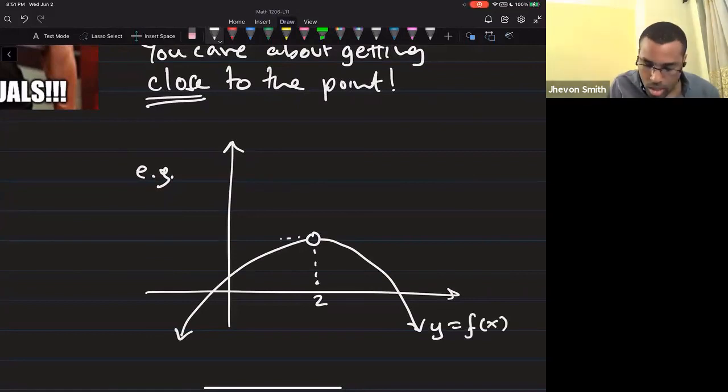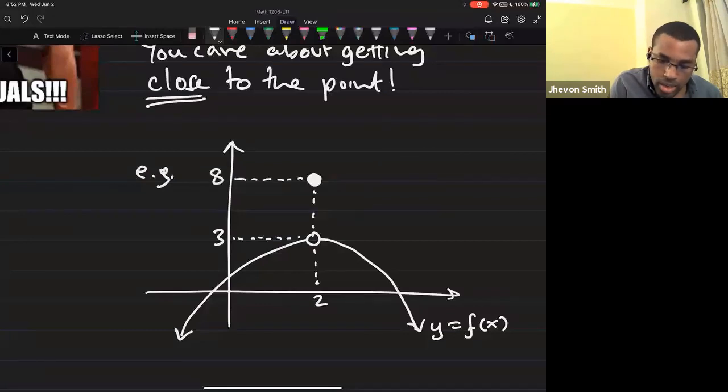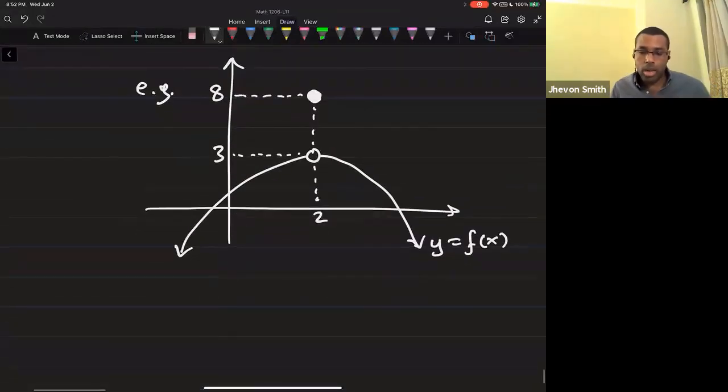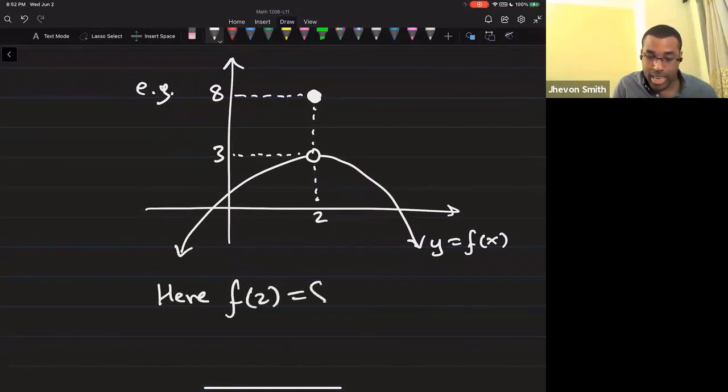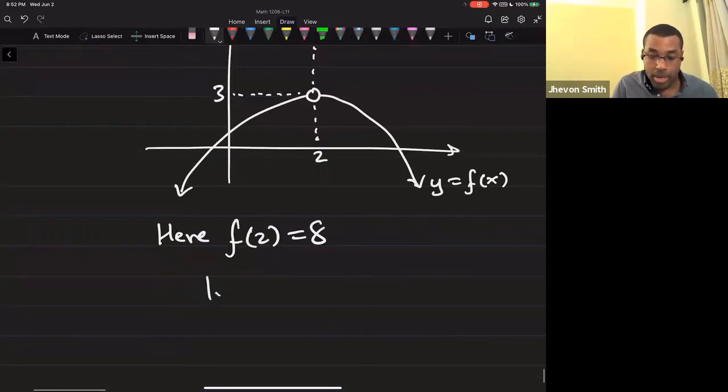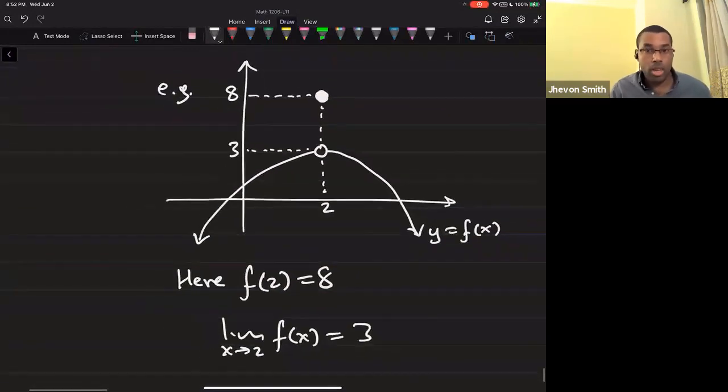Let's say here, this is at level 3, but the function is actually defined up here at level 8. And so here, the function at 2 is 8, but the limit as I approach 2 is 3. They are not the same thing.